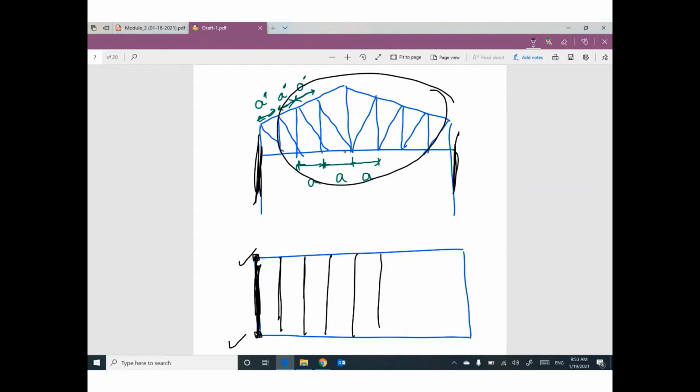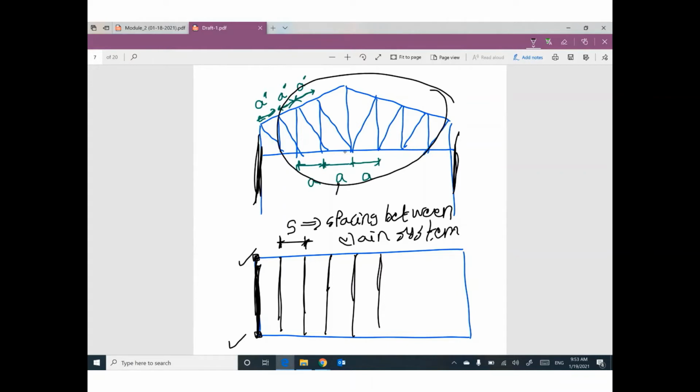This main system is repeated at equal spacing, and this spacing can be called S. So S is the spacing between main systems.